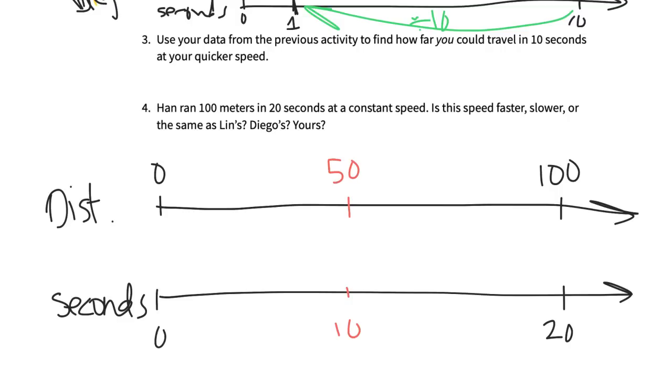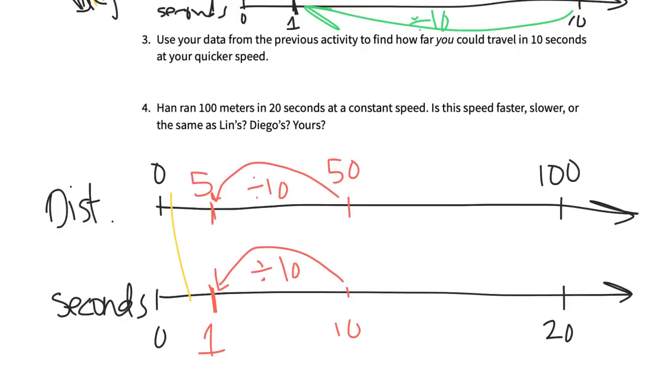But really, we could just do that giant leap down to 1 second. How are we going to do that giant leap down to 1 second? We're going to divide by 10, which means we're going to divide the 50 by 10, and that gives us 5. And so now that we know how far Han traveled in 1 second, it makes it easy for us to compare Han's speed with Lynn's and Diego's and even your own speed.